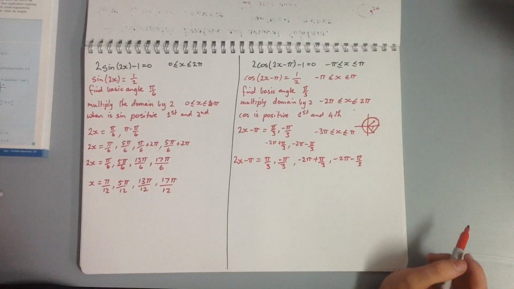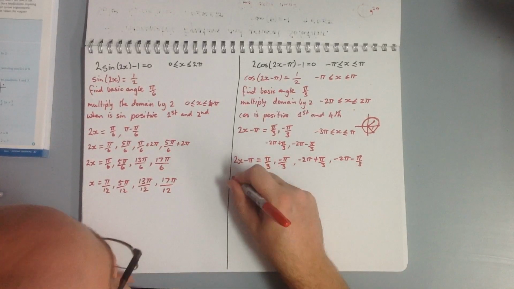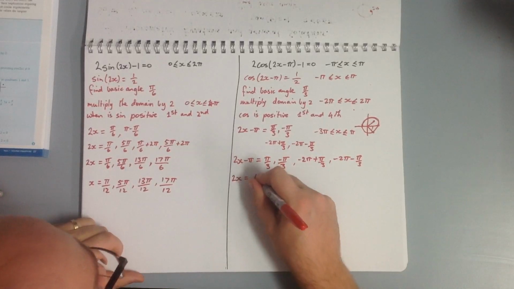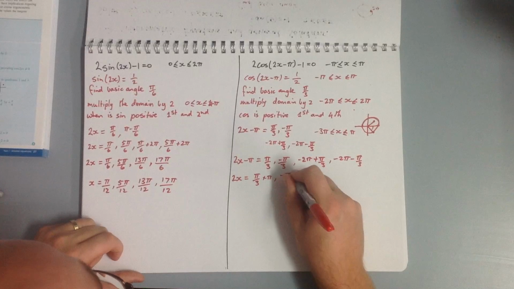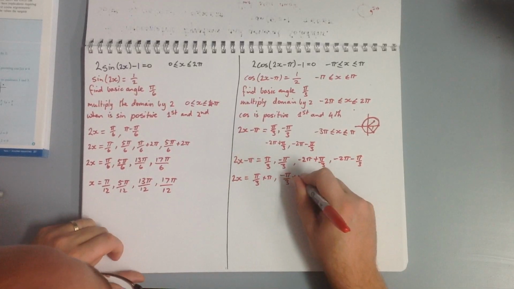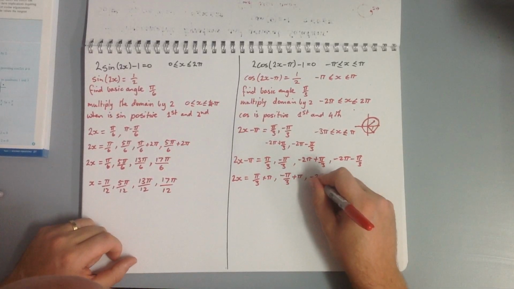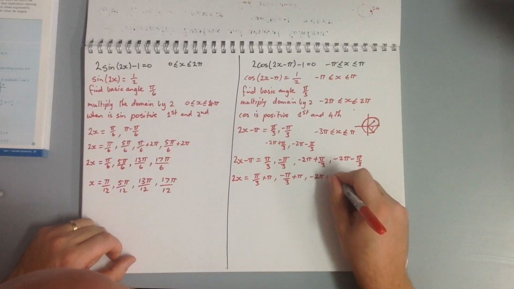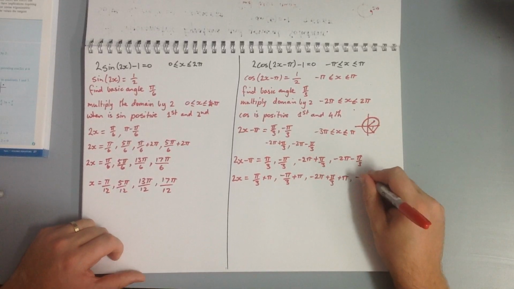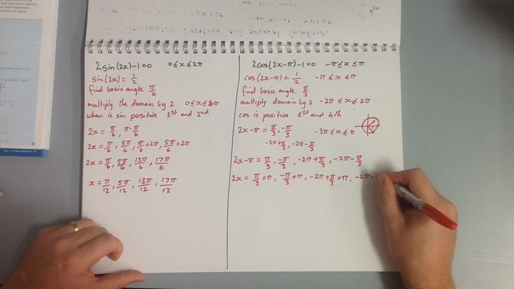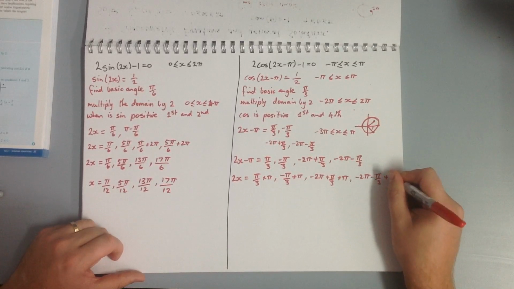What we can do now is add on pi to all of them. So we've got 2x equals pi on 3 plus pi, negative pi on 3 plus pi, negative 2 pi plus pi on 3 plus pi, and negative 2 pi take pi on 3 plus pi.